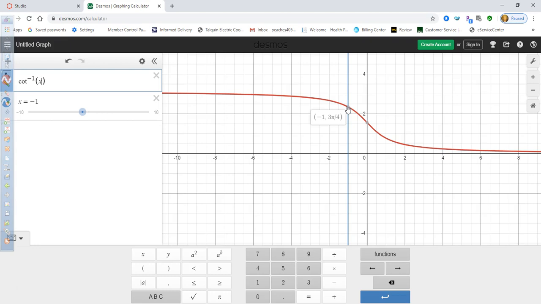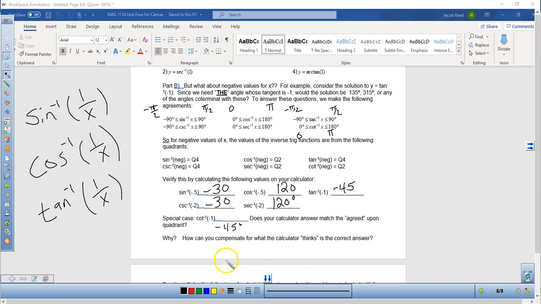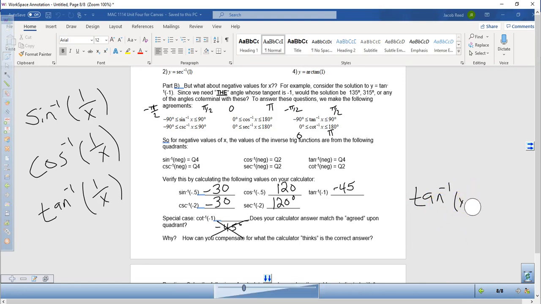So what we have to do in terms of cotangent, it's not this, but we do tangent inverse, whatever tangent inverse is, and we add pi.